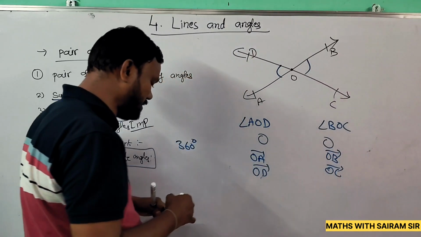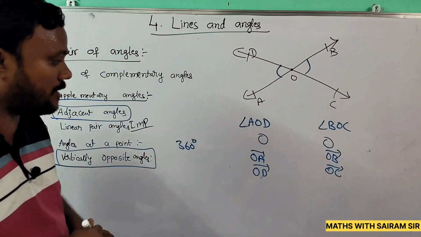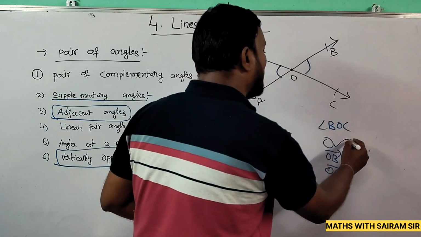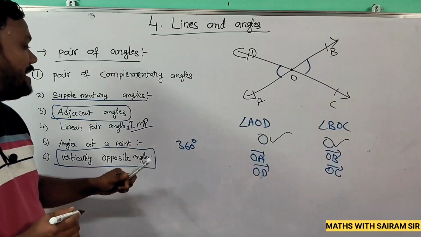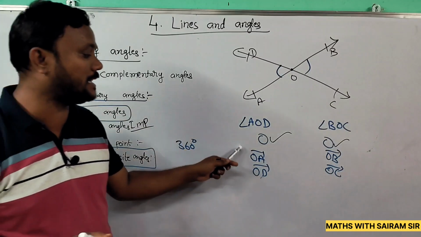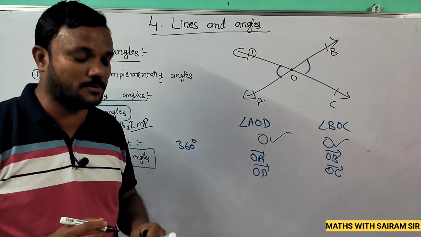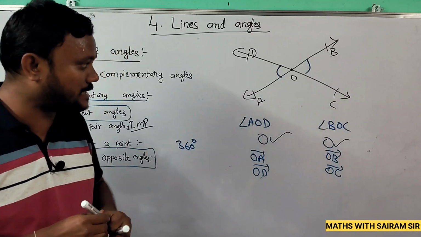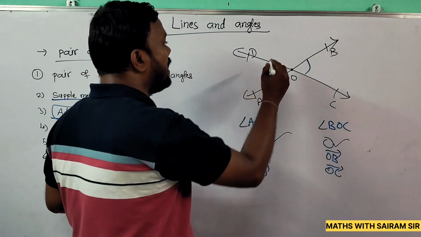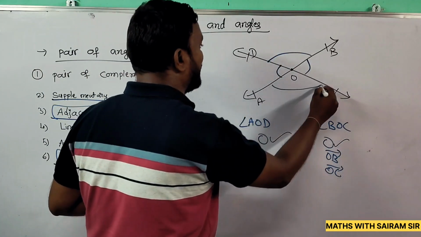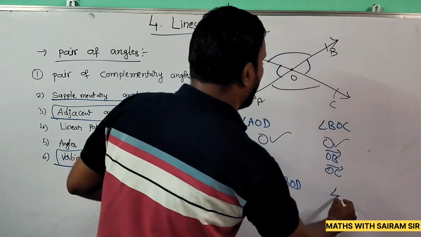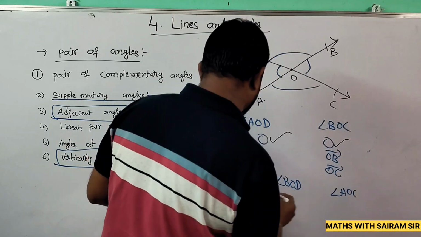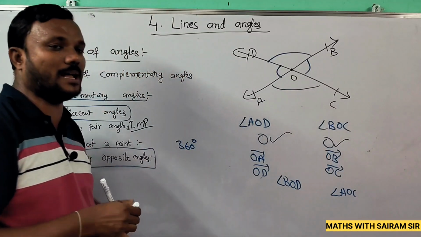These two angles have a common vertex O, but no arms in common. Such angles are known as vertically opposite angles. Similarly, another pair of vertically opposite angles is angle BOD and angle AOC.